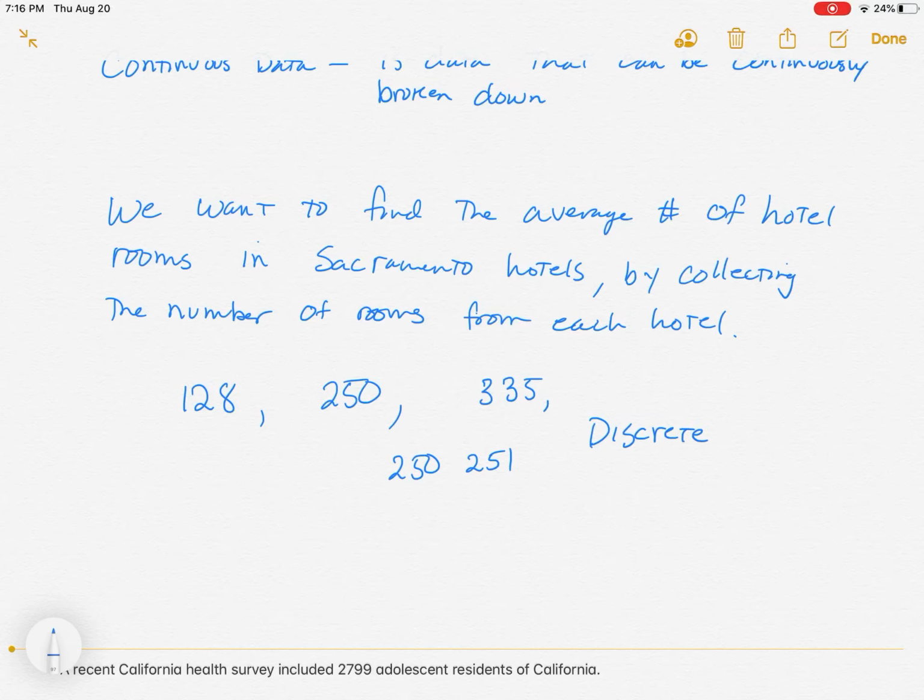That's the other way to think about it. If you have 128 rooms, one hotel is reporting that. What's the next highest number that somebody could report? 129. It's absolutely known. No question about it, 129. That is discrete type of data.